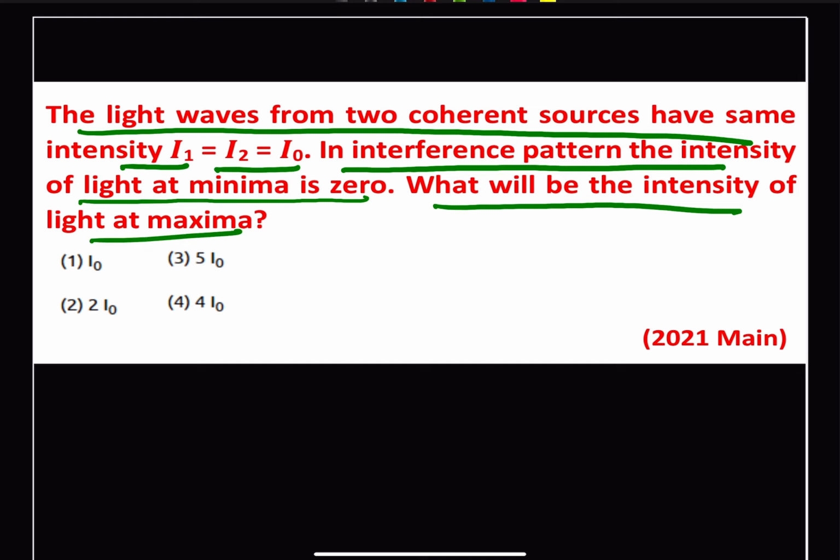So here we are given that the minima is equal to 0. So we can say our I minima is equal to 0, and we also know that I minima in terms of I1 and I2, we can write as (square root of I1 minus square root of I2) whole square.